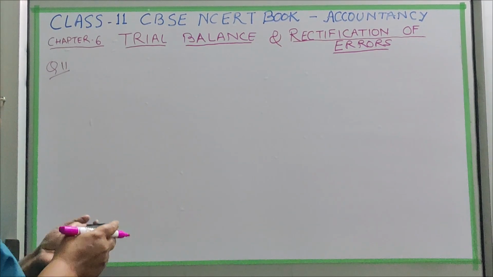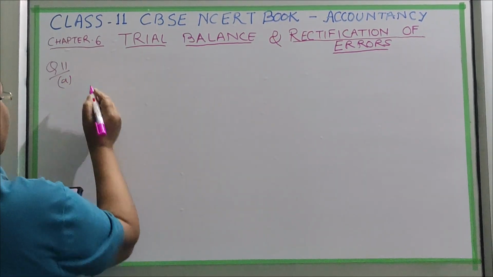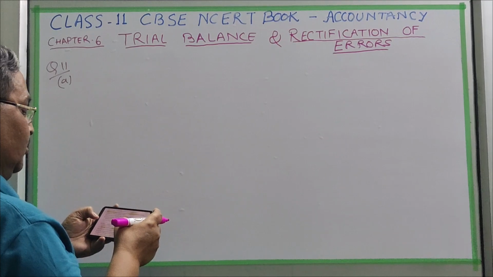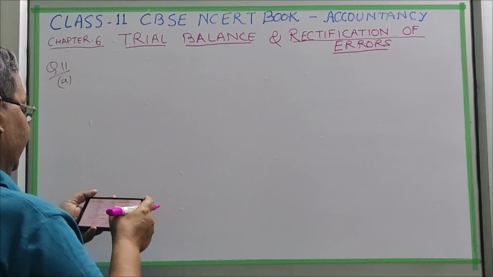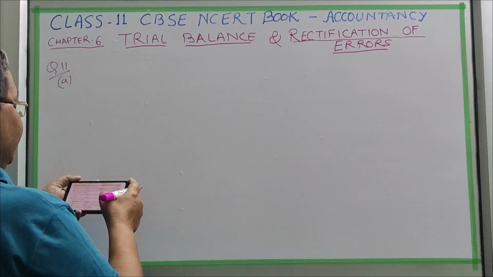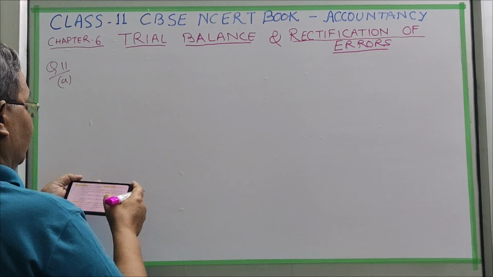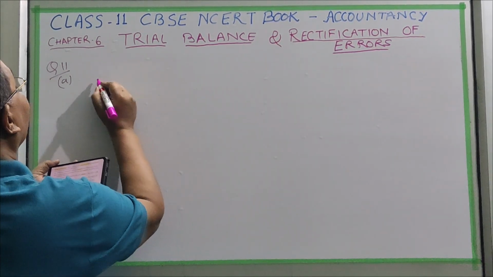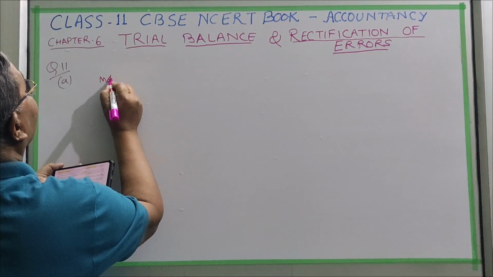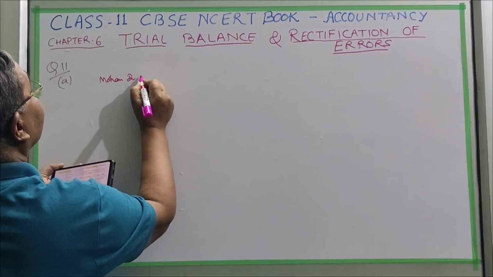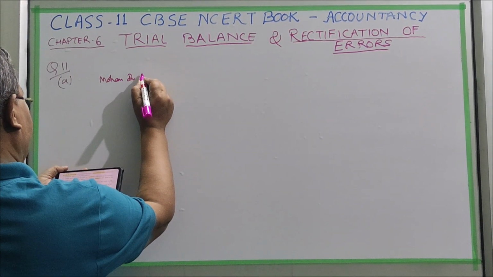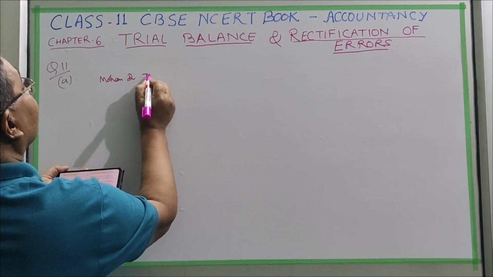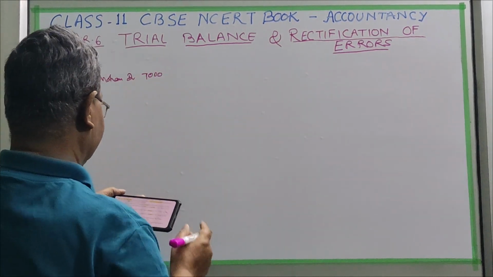Question number 11A. Credit sales to Mohan 7,000, posted to credit of his account. Credit sales to Mohan. So Mohan debit, should have been Mohan debit 7,000. What we have done?